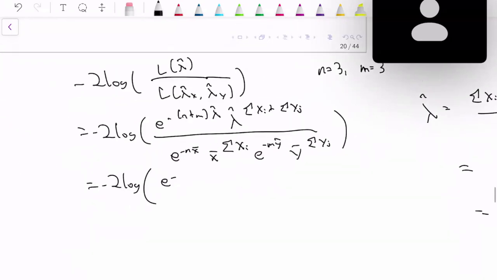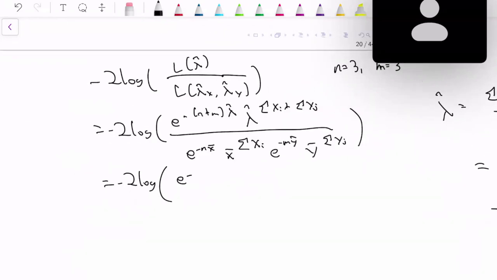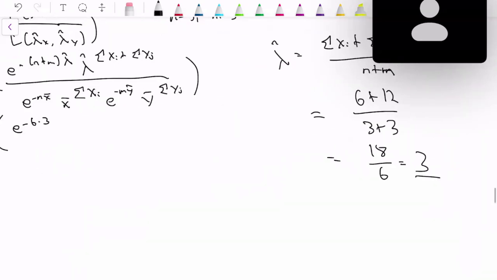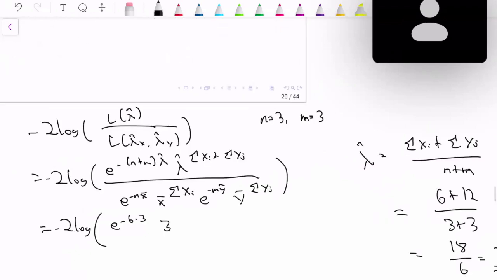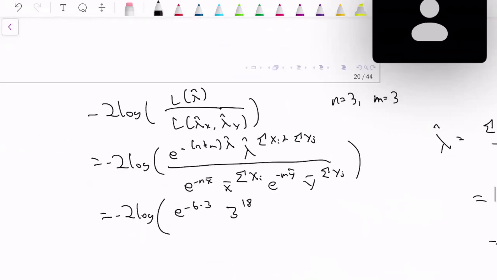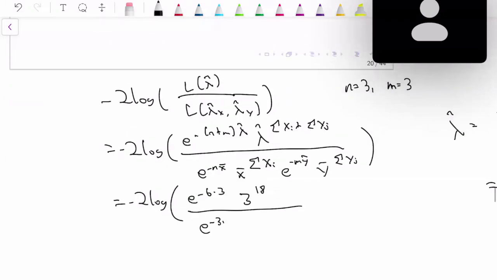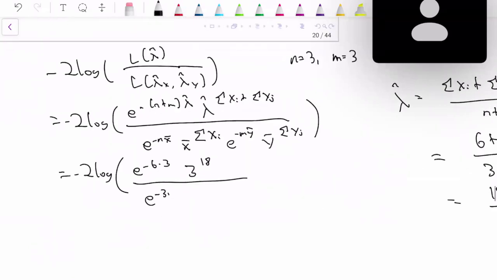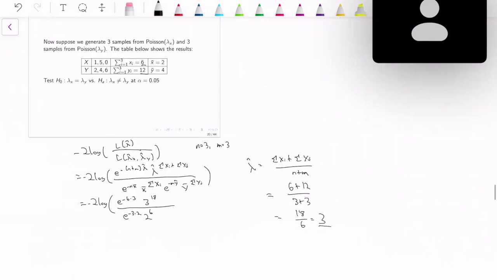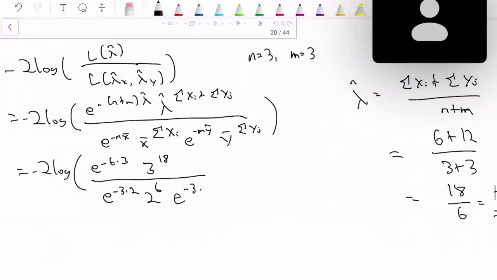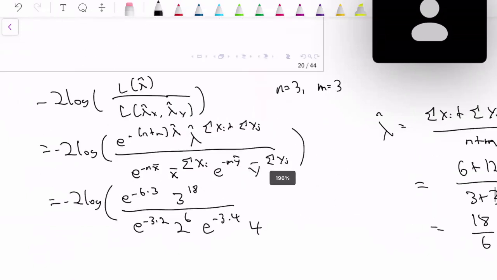So e to the negative 3 plus 3 is 6, so -6 times 3, and lambda hat was 3. 3 to the sum of xi plus sum of yj, so 6 plus 12, so 3 to the 18, over e to the negative 3 times x bar, which was 2, 2 to the power 6, sum of xi, e to the negative 3 times y bar, which is 4, y bar to the power sum of yj, so 4 to the 12.